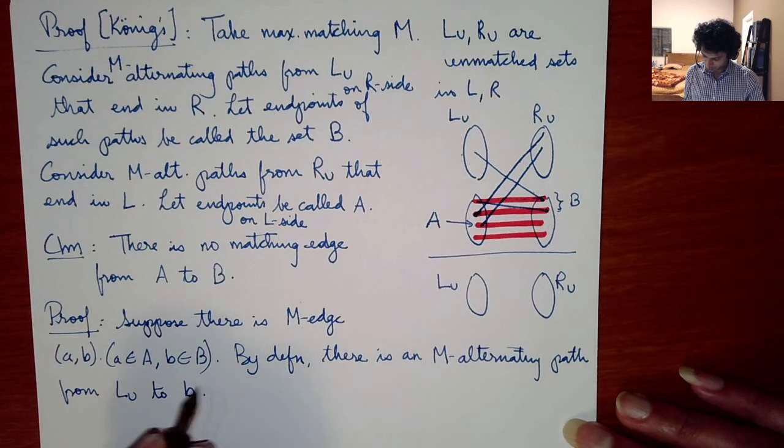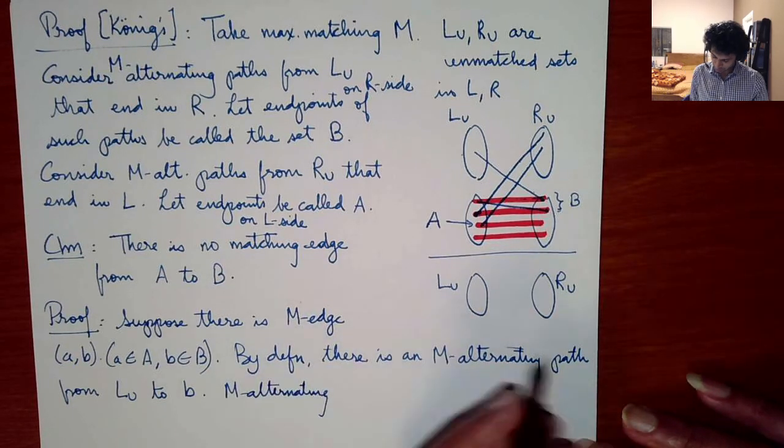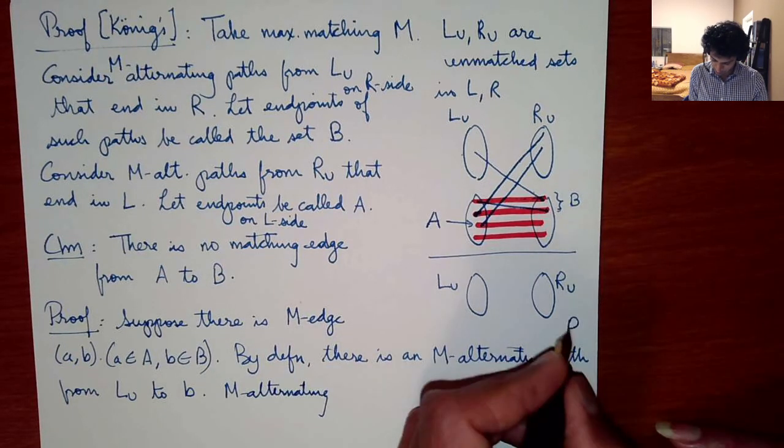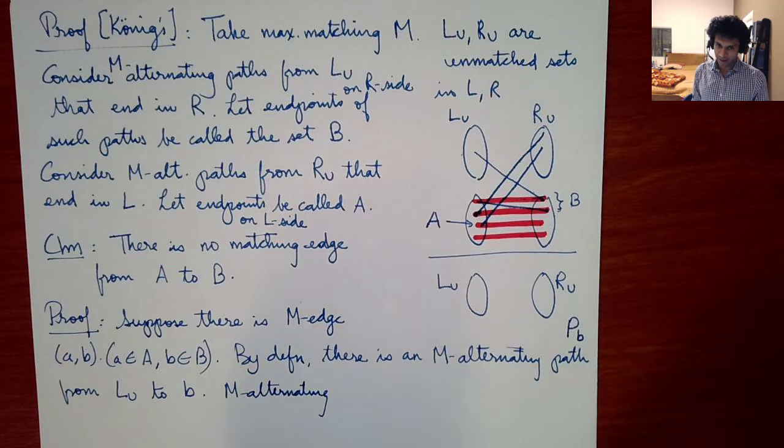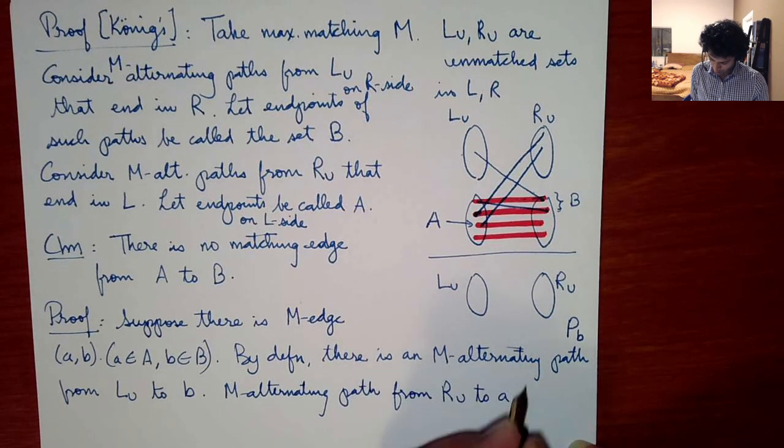And similarly, there's an M alternating path. Let me refer to this M alternating path as PB. There's an M alternating path that ends at b, and there's an M alternating path from RU to a, call this PA.